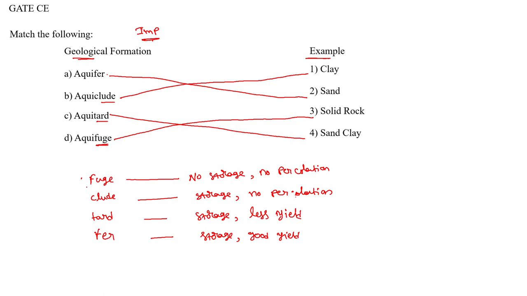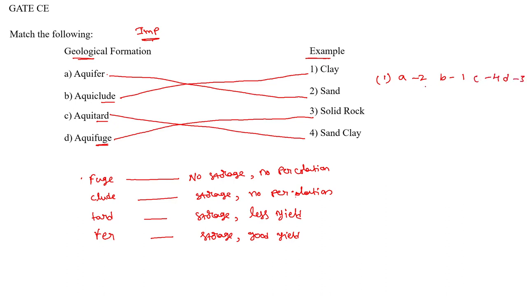See, in this type of match the following question, if you are confident about two options, you may be able to score 95% correct. Suppose the options are: A is aquifer, A-2, B is aquiclude, B-1, C maybe 4, D maybe 3.